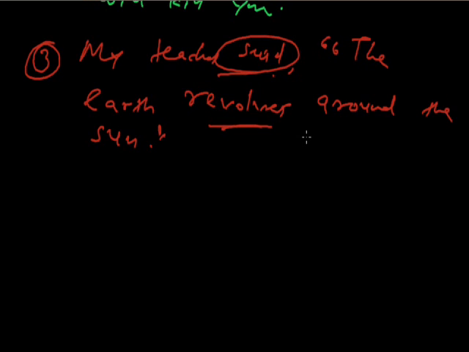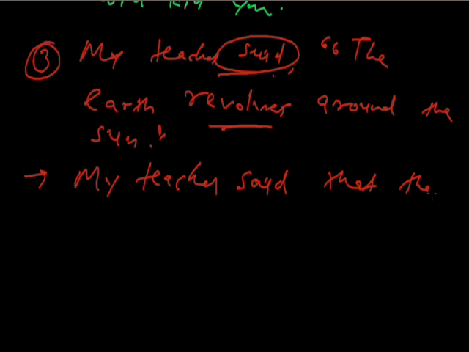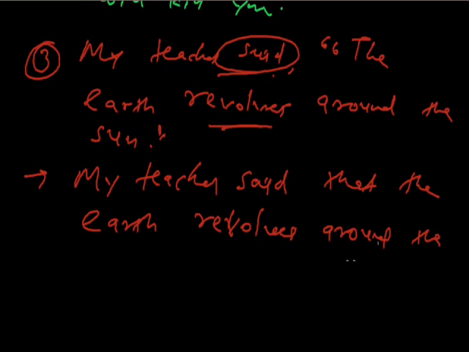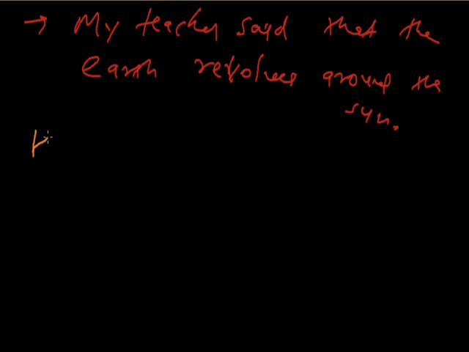The earth revolves around the sun means just revolves around the sun. It cannot change tense. Clear? So my teacher said that the earth revolves around the sun.